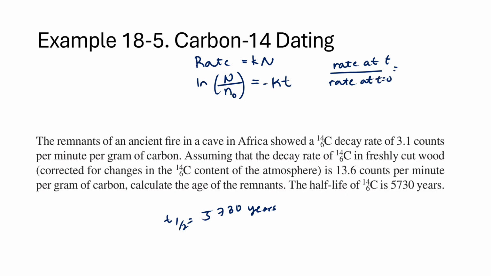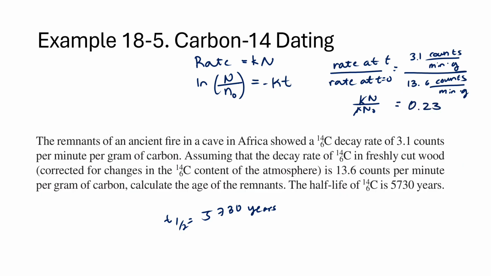The rate at time t is 3.1 counts per minute per gram and the initial rate is 13.6 counts per minute per gram. When we cancel the units, the ratio is 0.23.